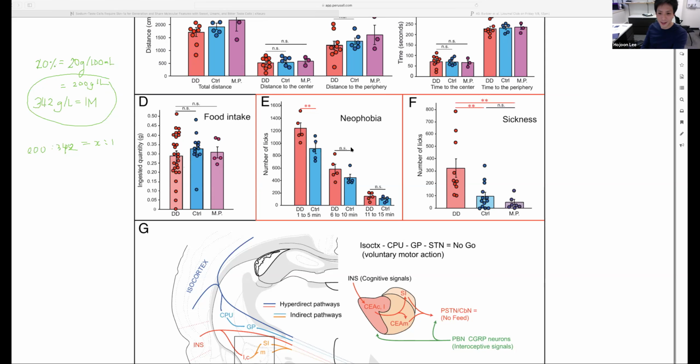Again, I think the data itself is quite weak here. And I think part of it could be just the TAC1 line that they're using.